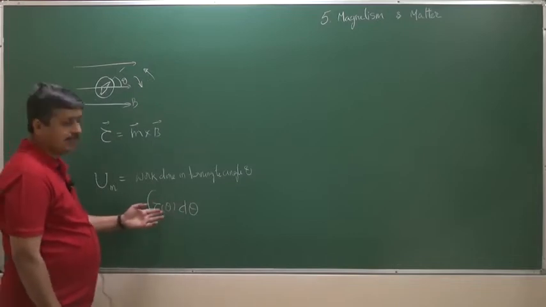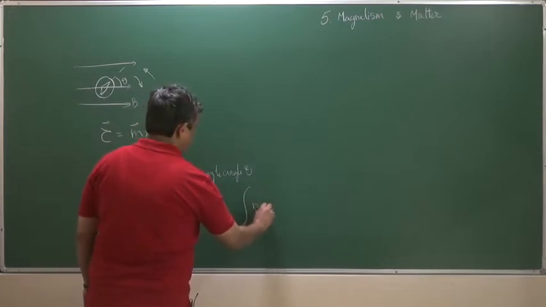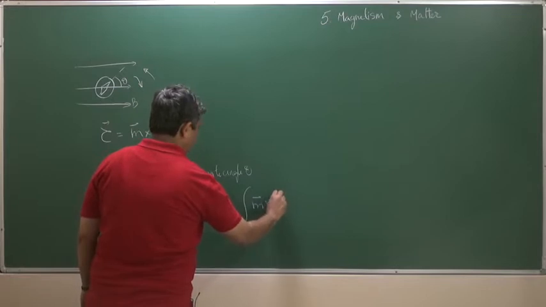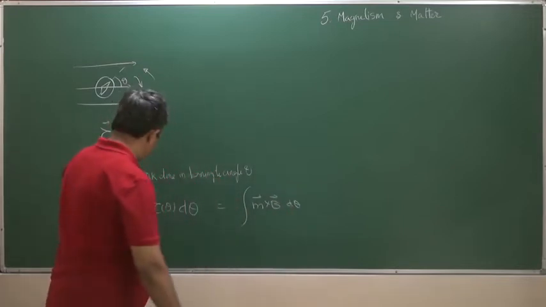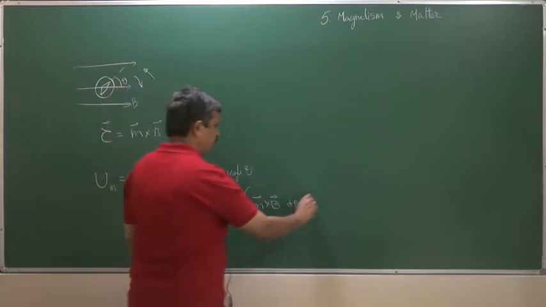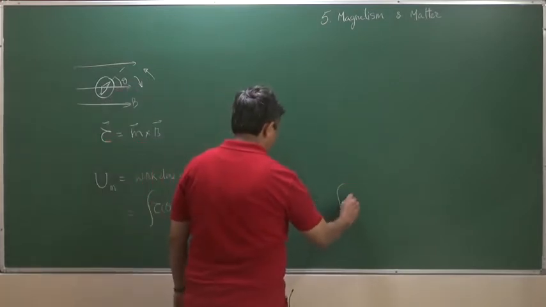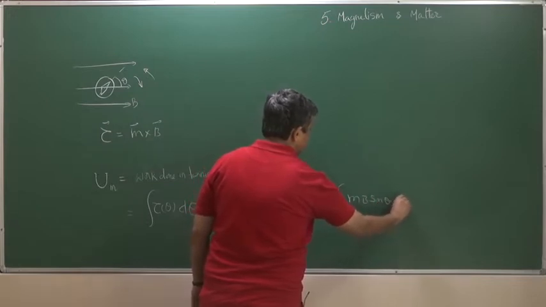Now you know what tau is, which is nothing but the integral of m cross b d theta. Let's just take the magnitude of that. So W is equal to the integral of m b sin theta d theta. This is the magnitude.